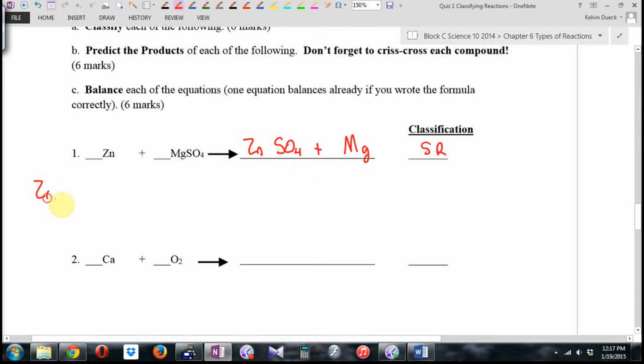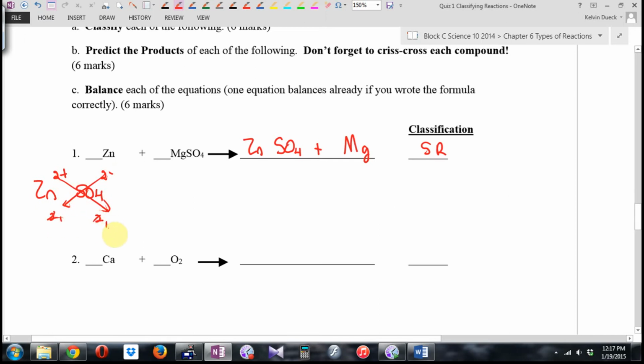Zinc has a charge of 2 plus, I think it is. And SO4, from the back of my periodic table, has a charge of 2 minus. These do crisscross into a 2 and 2, which reduces to a 1 and 1.